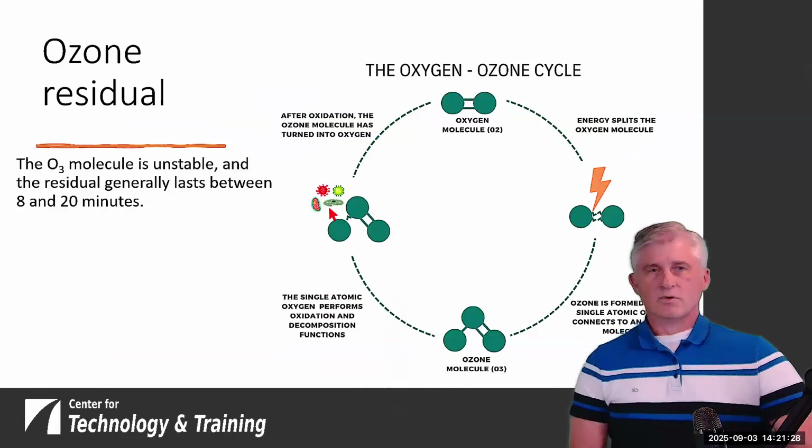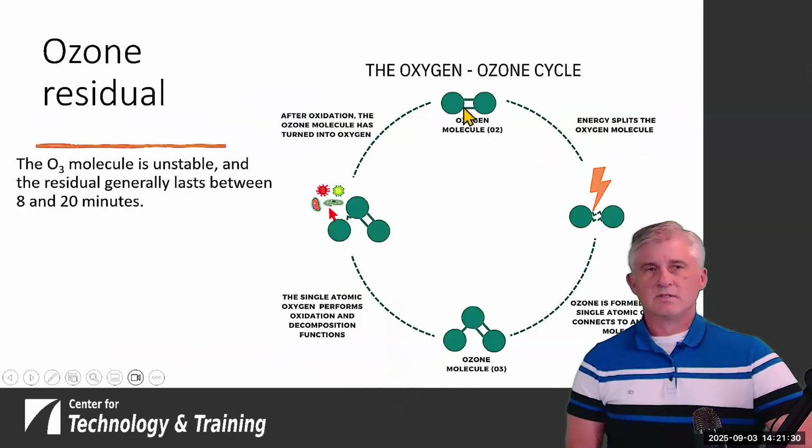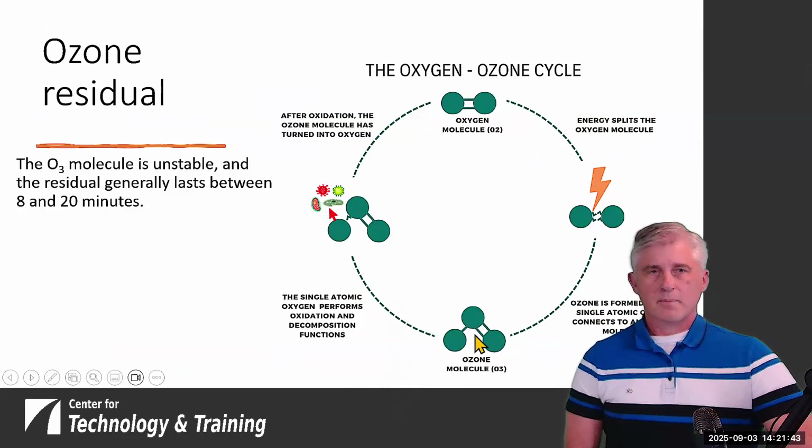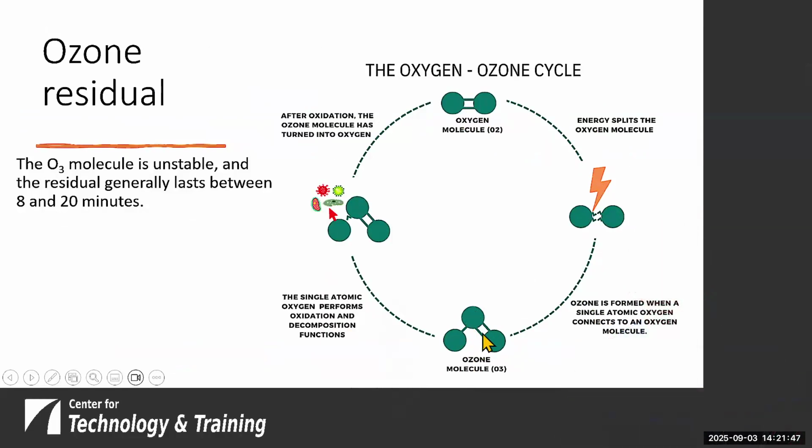So what's the ozone residual? What's the ozone cycle? We started with O2, we add energy to it, and it splits them off, and it creates these O3s. Well, these O3s aren't really stable, and they're looking to combine with other things. So that's why ozone doesn't usually last very long, because that's not an overly stable form. And so it attaches then to these bugs and kills these bugs, and it goes back into O2.